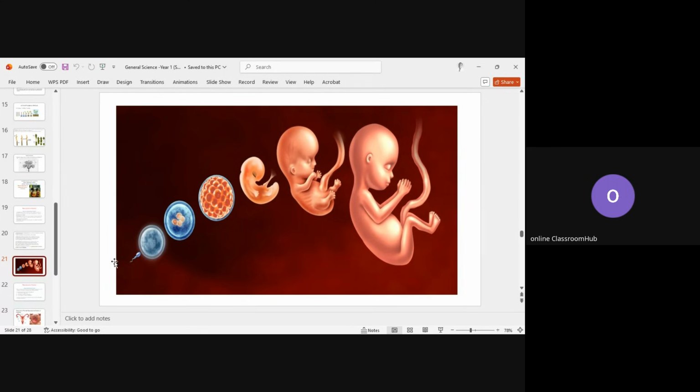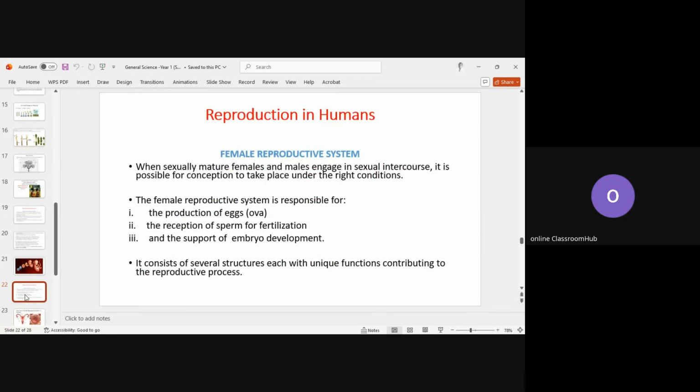All right, so let's continue. So now, the female reproductive system. We are going to start with the female reproductive part. Now, when sexually matured females and males engage in sexual intercourse, it is possible for conception to take place under the right condition.